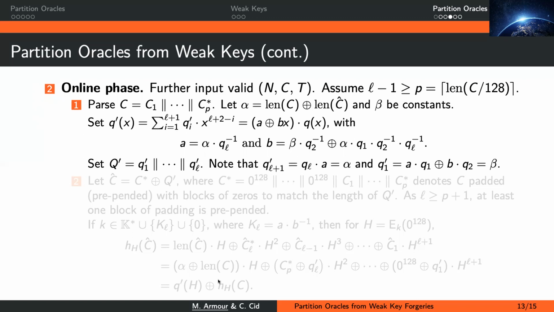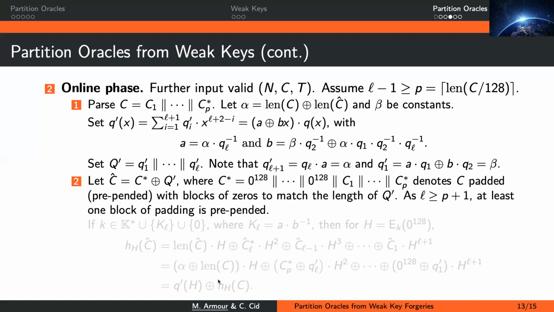The important thing to note here is that the value of Q prime L plus 1, which corresponds to the length, is given by alpha by construction, and Q1 prime is equal to beta, again by construction.